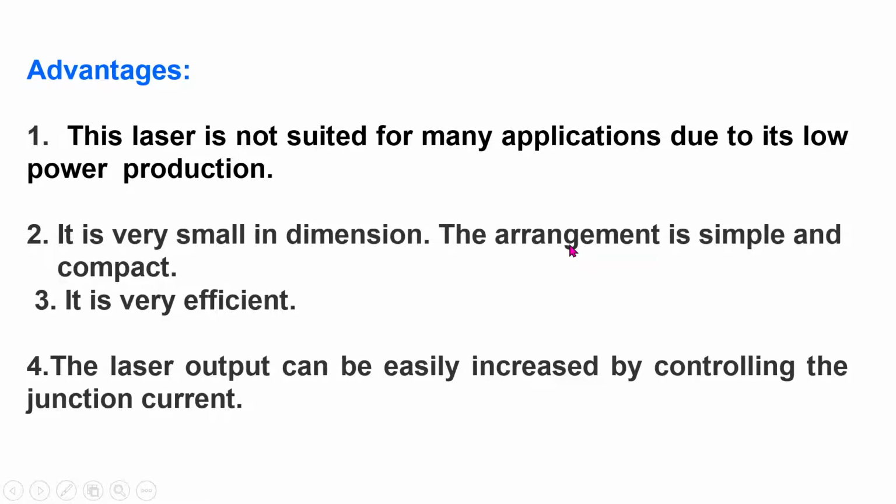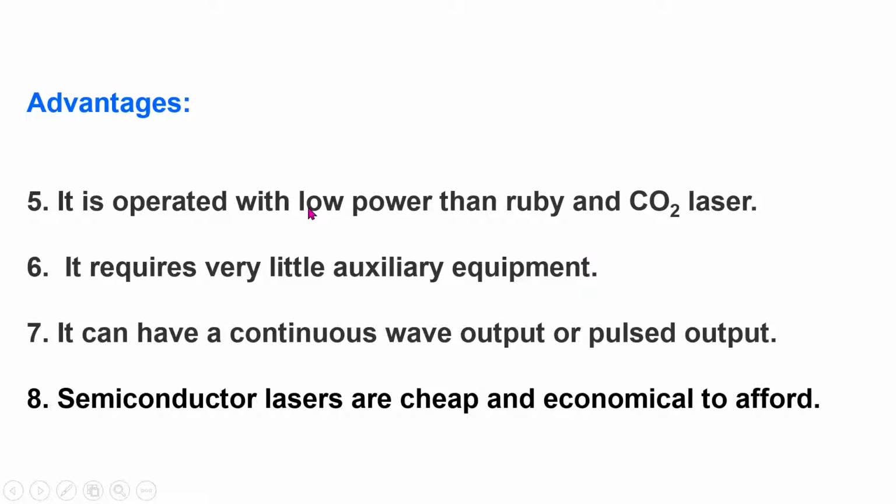Therefore, by controlling the forward voltage, we can easily control the junction current. The next advantage is that it is operated with low power as compared to the Ruby and the CO2 laser. So here, for the operation of the PN junction diode, during forward biasing, we need a very small voltage.